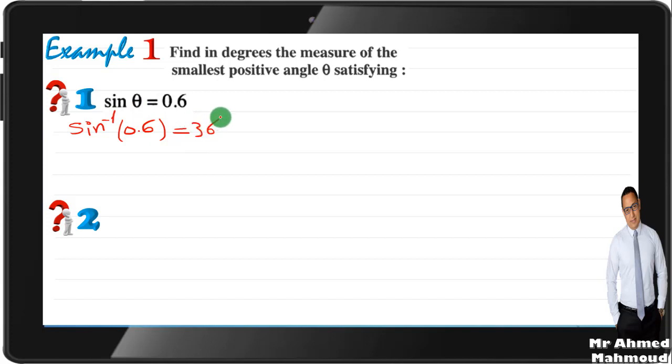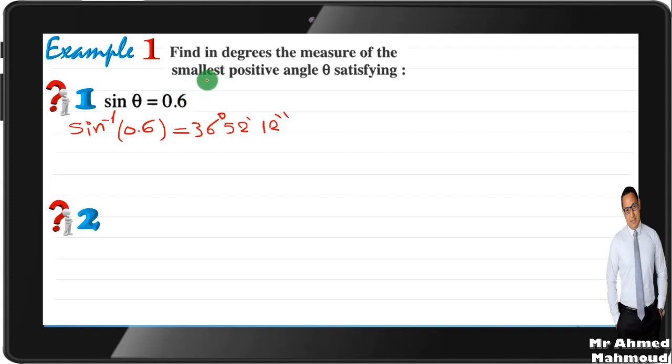36 degrees 52 minutes and 12 seconds. Here sine theta is positive, and by using the ASTC rule, sine is positive in the first and in the second quadrants.